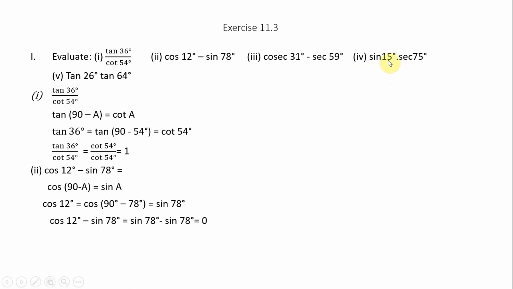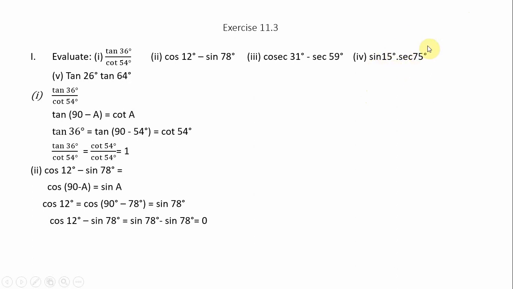Sin 90 minus theta becomes cos theta. So sin 90 minus 75 will be equal to cos 75, right? So sin 15 degrees into secant 75 degrees will be equal to cos 75 into secant 75.